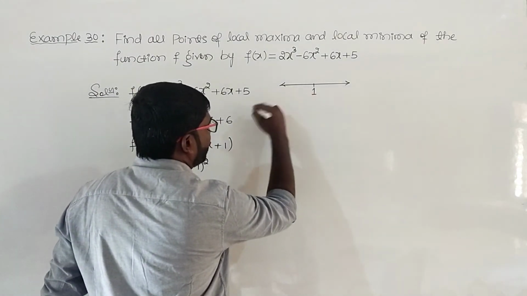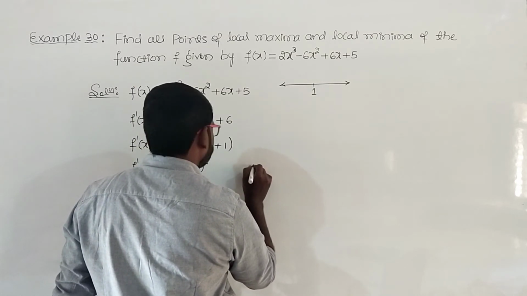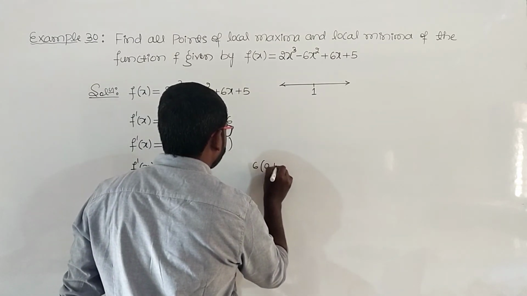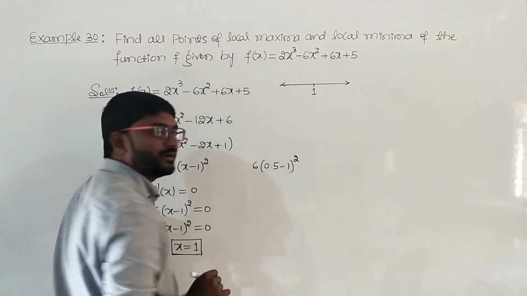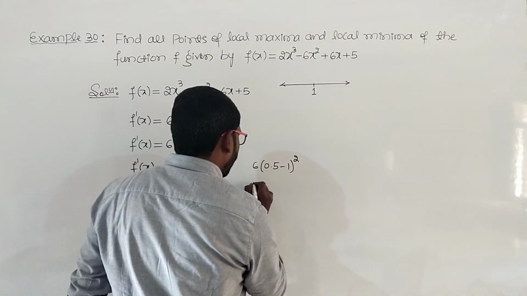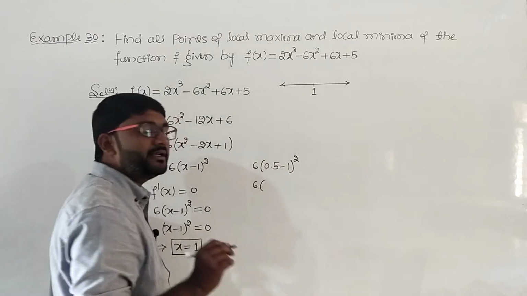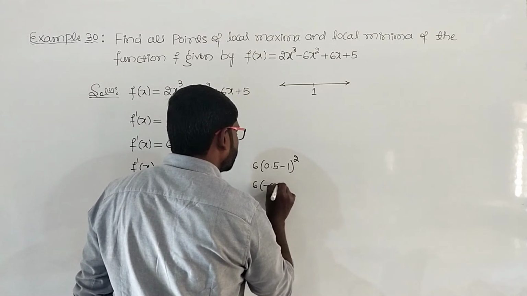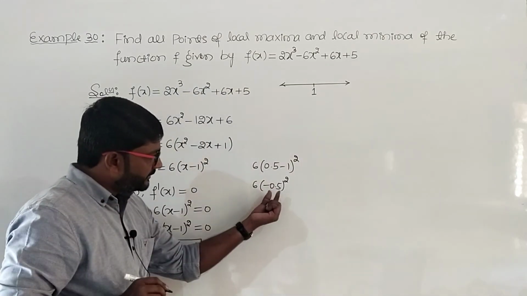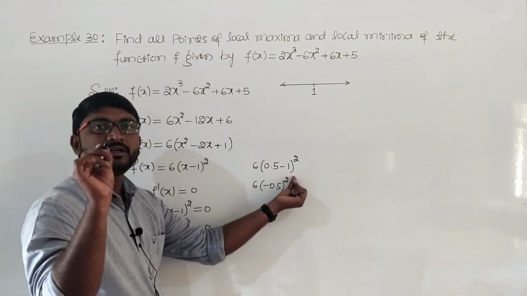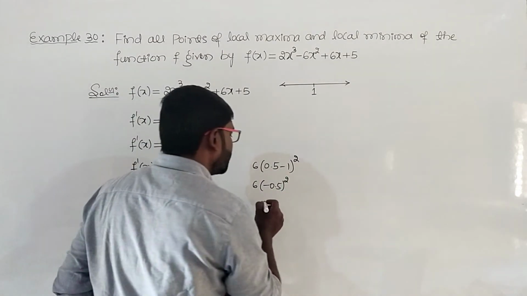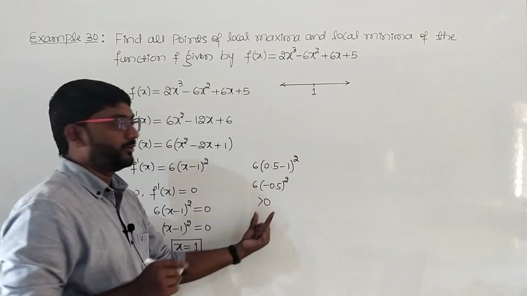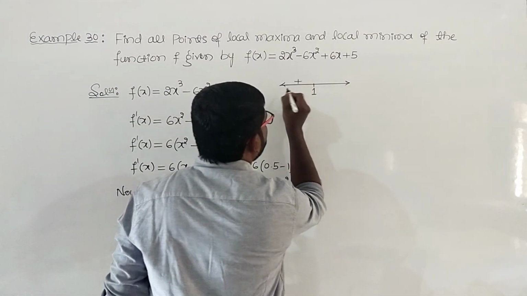To the left of 1 it is 0.5: 6 into 0.5 minus 1 the whole square. 0.5 minus 1 will be minus 0.5 the whole square, so it is going to be positive. Positive into positive is always positive, that is greater than 0. So to the left of 1 the value is greater than 0. I will be writing plus here.